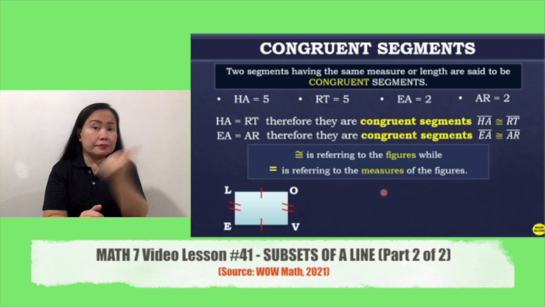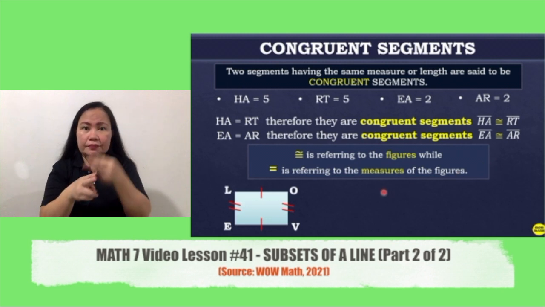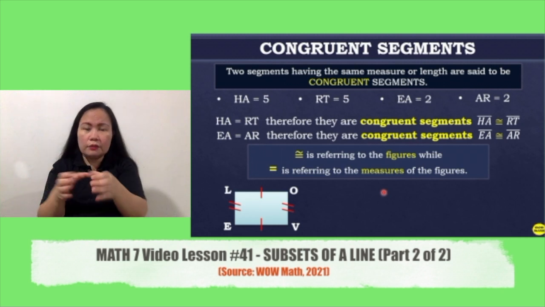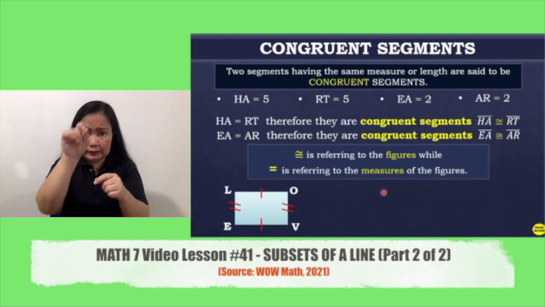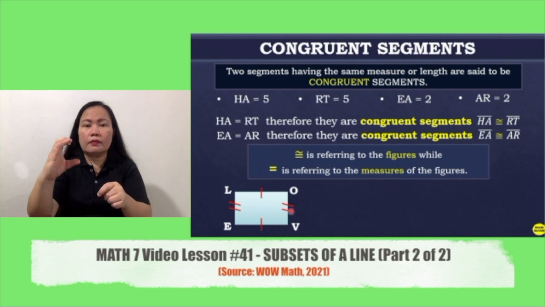Now, another way of naming or paano ba natin malalaman na congruent sila. So, congruent segments can be illustrated using tick lines. Okay? So, pwede mong gamitan ng tick lines. Ito yung tinatawag nating tick lines or marks. Okay?